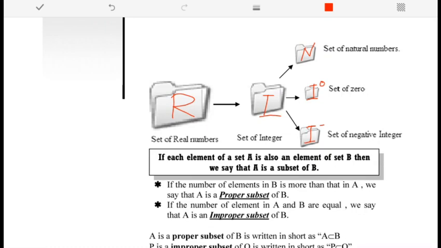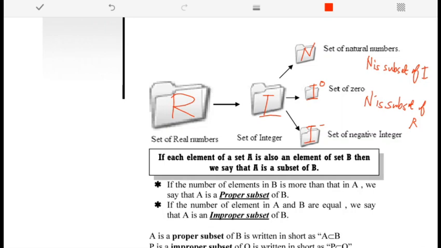Okay, so here you have four folders, and if we're going to use subset to create a relationship between these folders, we can say that your N is a subset of your I, because your N is inside your folder I. Okay, now we can also say that N is a subset of R, because your N is inside the bigger folder R, or the real numbers.